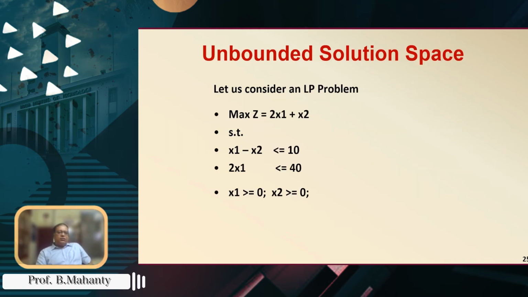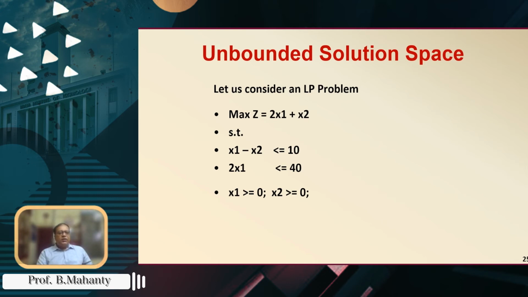Now let us go to the third special case, which is known as the unbounded solution space. Let us see what happens with an example. Maximize z equal to 2x1 plus x2 subject to x1 minus x2 less than or equal to 10, and 2x1 less than or equal to 40, and x1 and x2 both greater than or equal to 0.